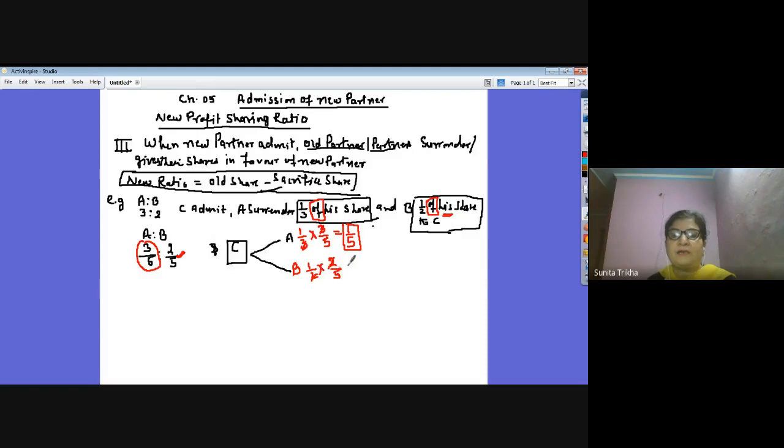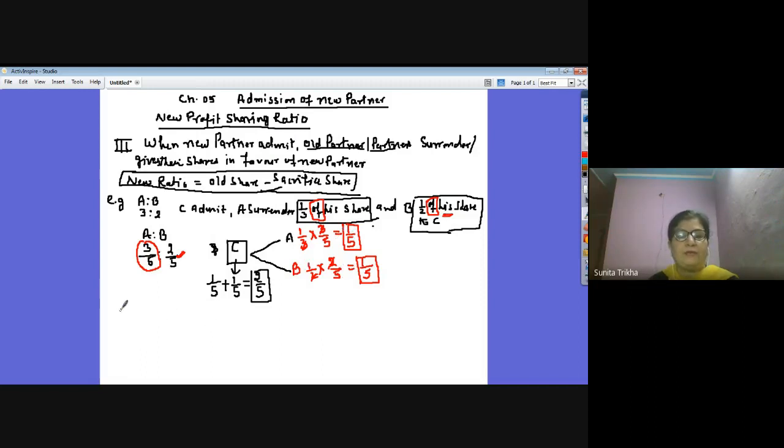It means he is also giving 1/5 share to C. So this is the sacrificing share of B. When you will add the sacrificing shares of A and B, you will get the share of C. C acquire 1/5 from A and 1/5 from B. It means C's share is 2/5.